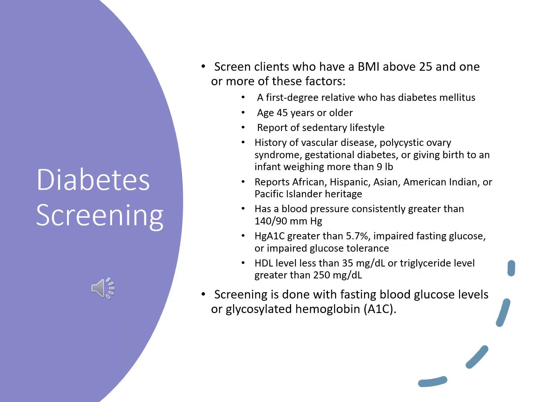It's very important that we are doing regular screenings. This is done usually with a blood draw, so we can get an A1C, or we can do a finger poke if this is someone we already know is established with diabetes. But we want to look if someone has a BMI above 25, if somebody has a relative that has diabetes, if you're older than 45, if you have a sedentary lifestyle, a history of vascular disease, and polycystic ovarian syndrome.